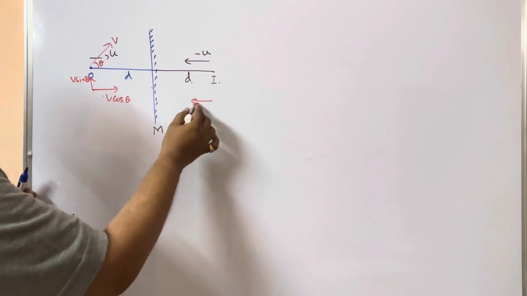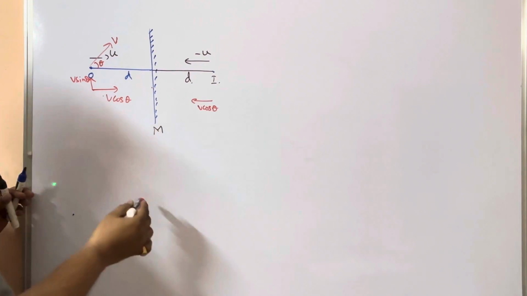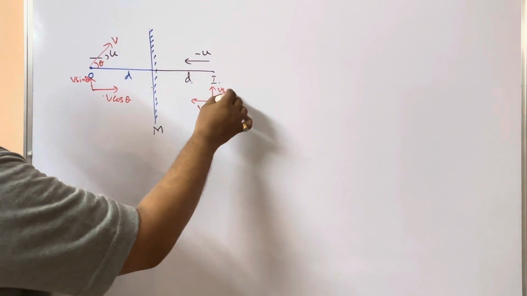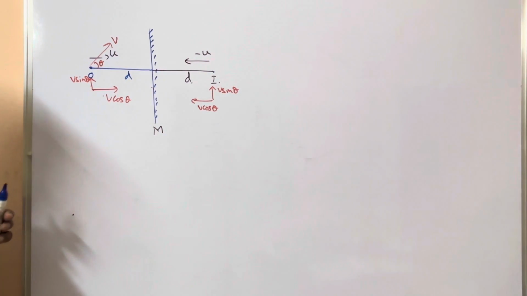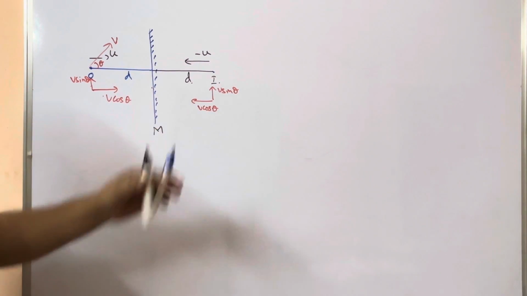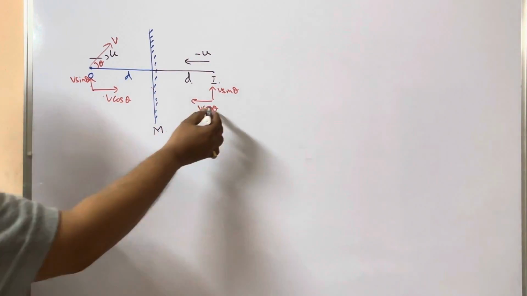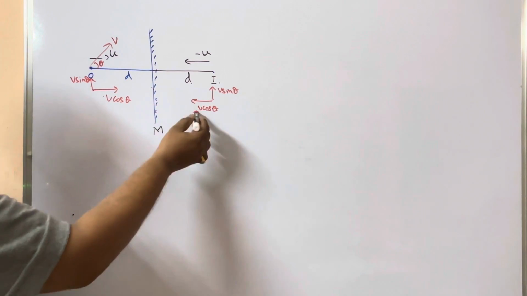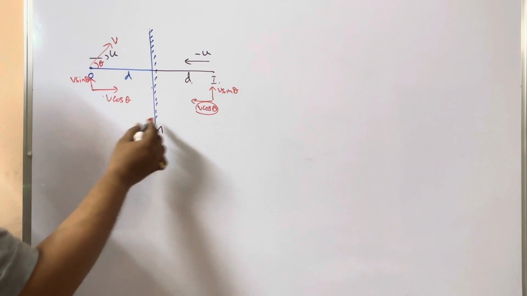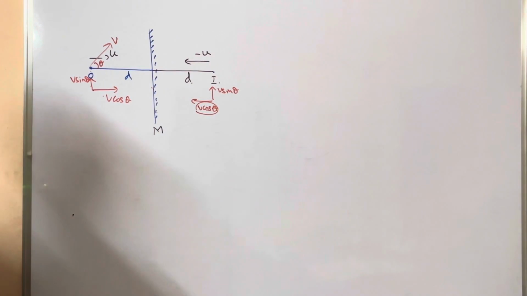Now towards the left, what will be coming? v cos theta, the perpendicular component. So this v sin theta will not be changed. The velocity of the image with respect to the mirror is v cos theta, so with respect to the object it is 2v cos theta.